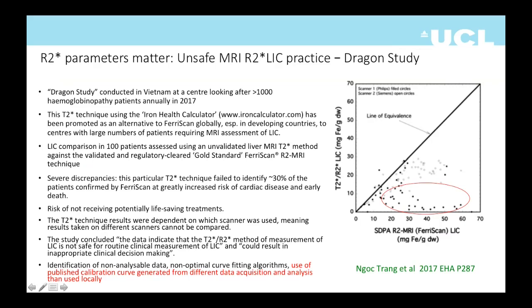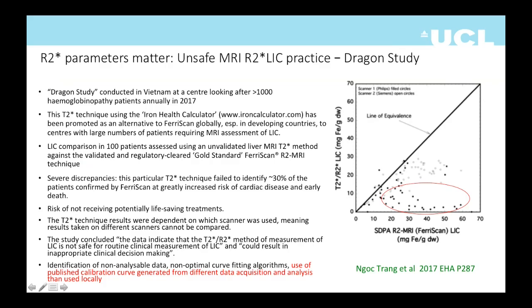It was in Hanoi Hospital, a busy hospital that looked after over 1,000 hemoglobinopathy patients, and they used a local technique with an online iron health calculator for their T2 star technique, and it was promoted as an alternative to Ferriscan in Southeast Asia, at least.